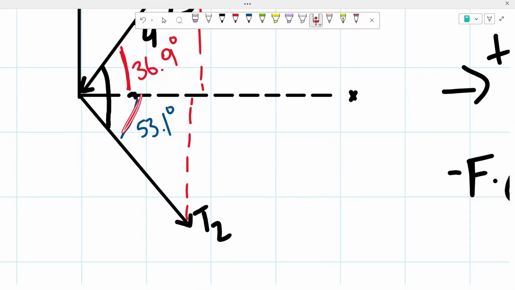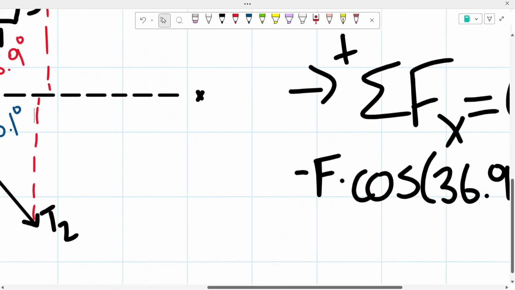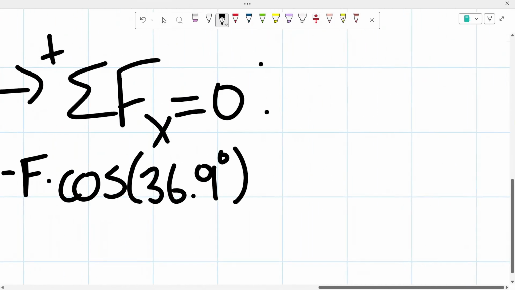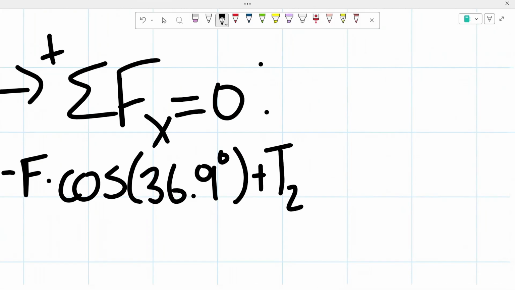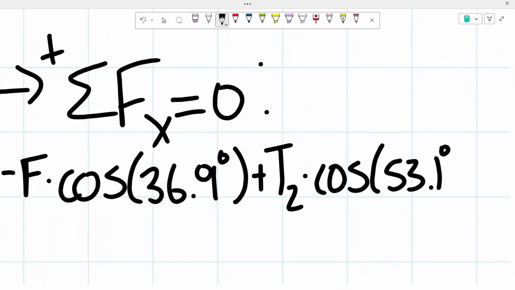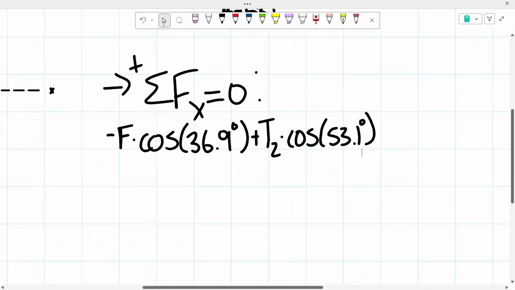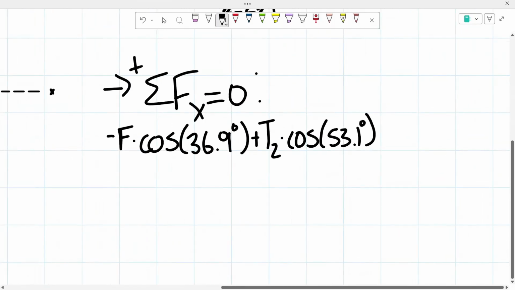With correspondence to this angle, this is once again the adjacent side, and this is the hypotenuse side. So once again, we could use cosine. So we're going to do plus t of 2 times cosine of 53.1 degrees. And remember that all has to equal 0.